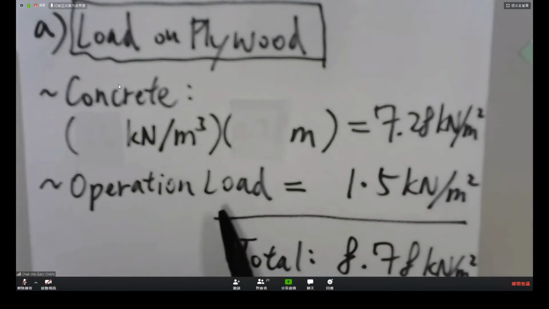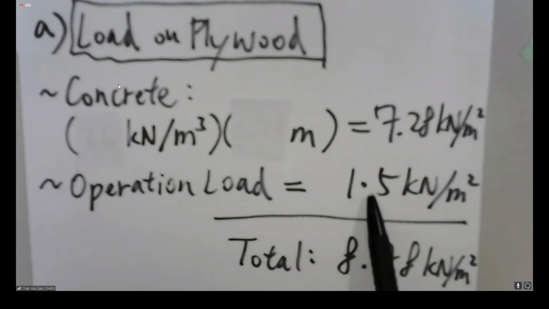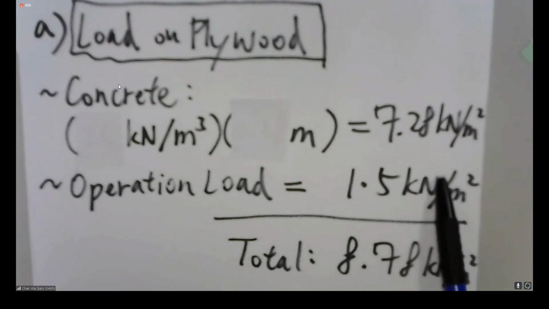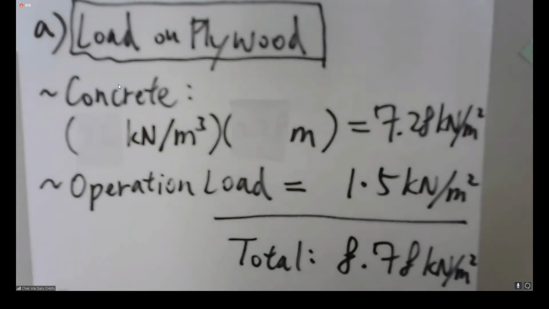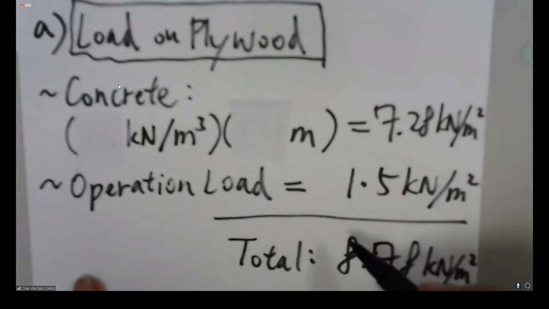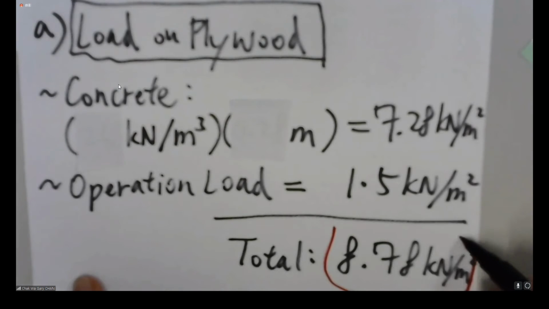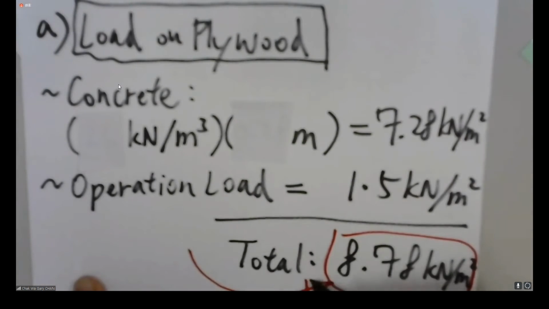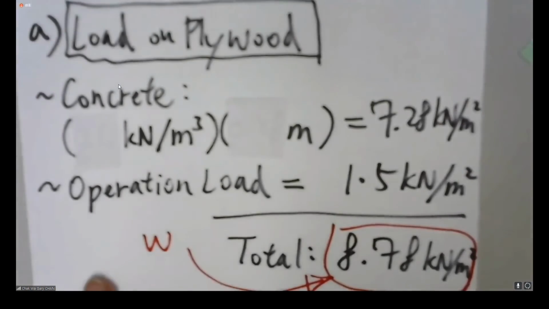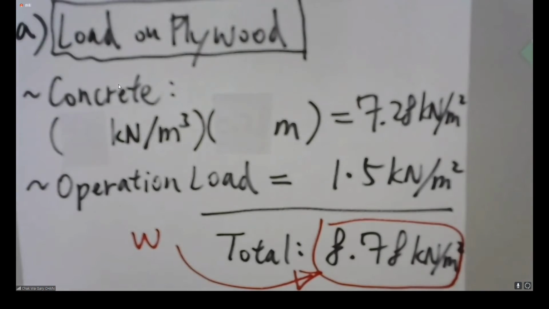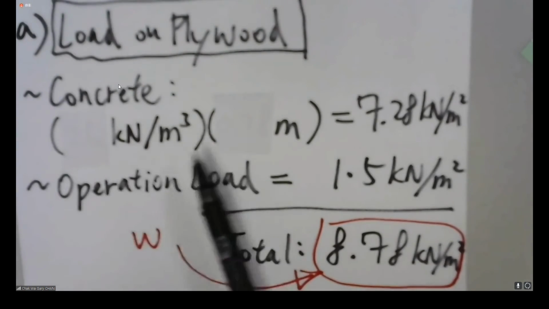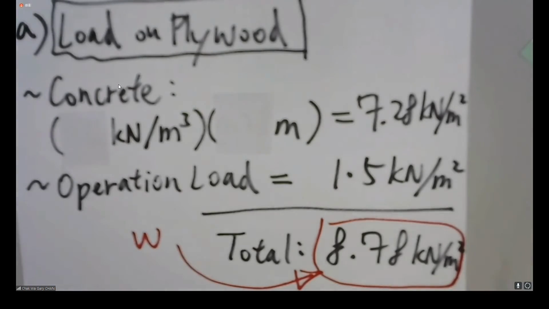And you have the operation load, which is given to you, 1.5 kilonewton per square meter. Add them up, you have 8.78 kilonewton per square meter. And this one is the value of W of your load case 58. But what are the two values? Can anyone fill in the blanks?